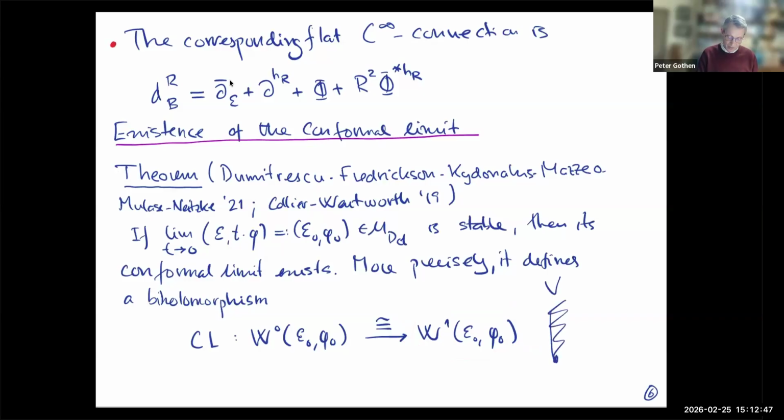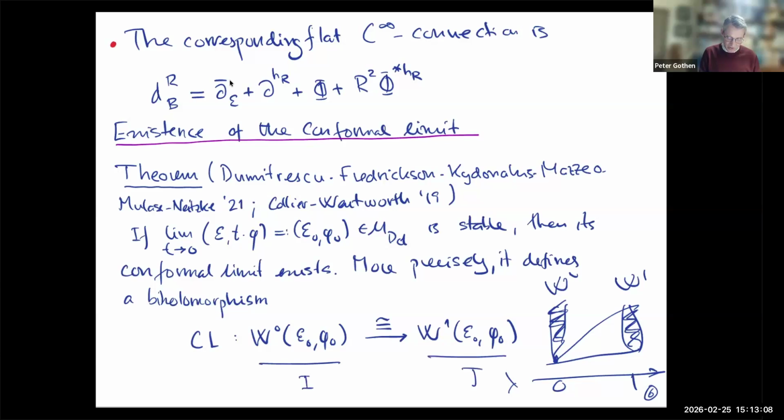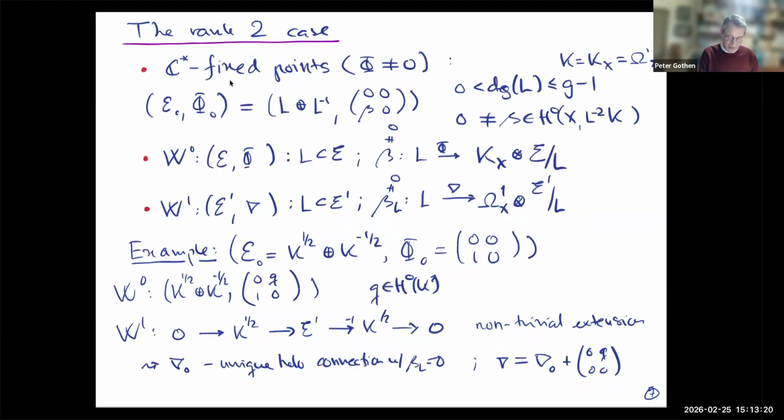So here I have my W0, over here I have everything that flows over 1. This is the lambda axis, and this is my W1. So this guy here and this guy here are identified by the conformal limit. Here, note that I have complex structure I, here complex structure J, and this map is actually holomorphic. So it intertwines these two a priori completely different complex structures. Okay, so that's very beautiful.